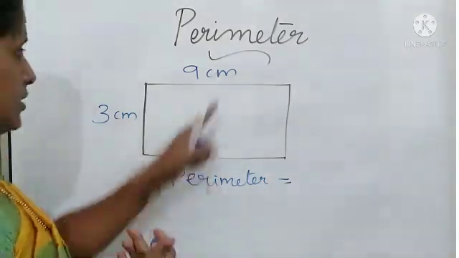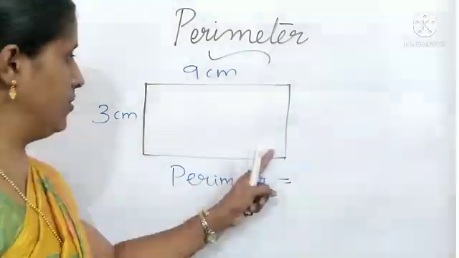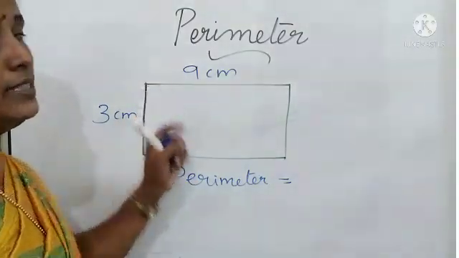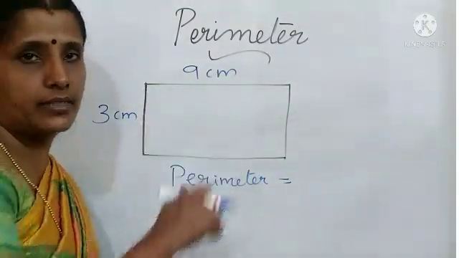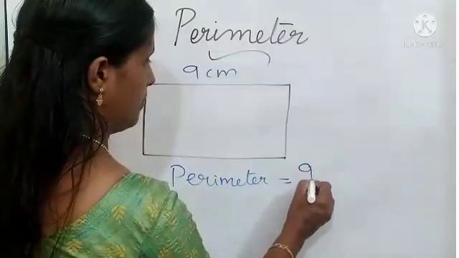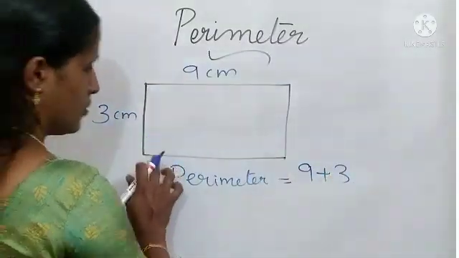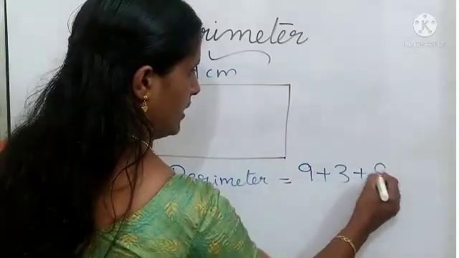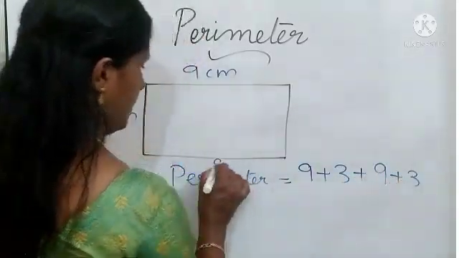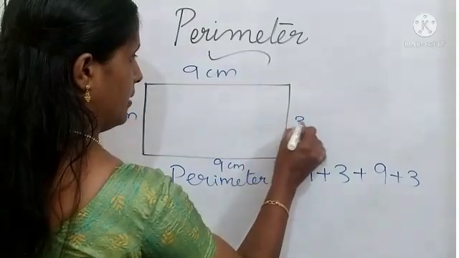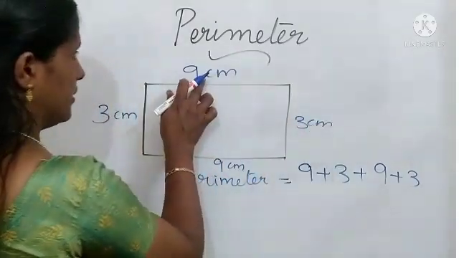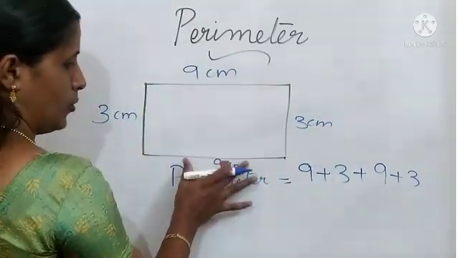So we calculate the measurement of all the boundaries. So here 9 plus 3, that is only this way. Again this also 9 plus 3. Here also the same. Why? Because this side is opposite to this side.